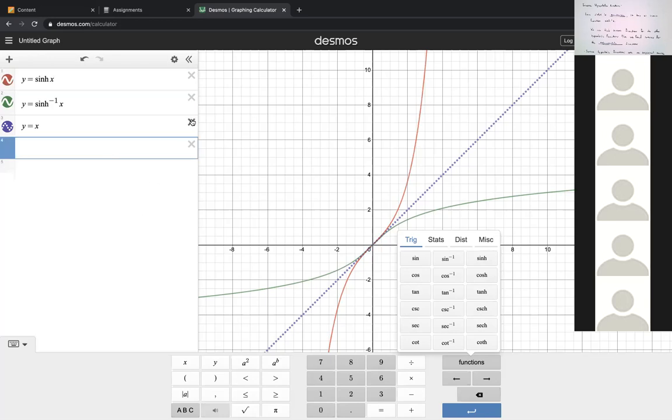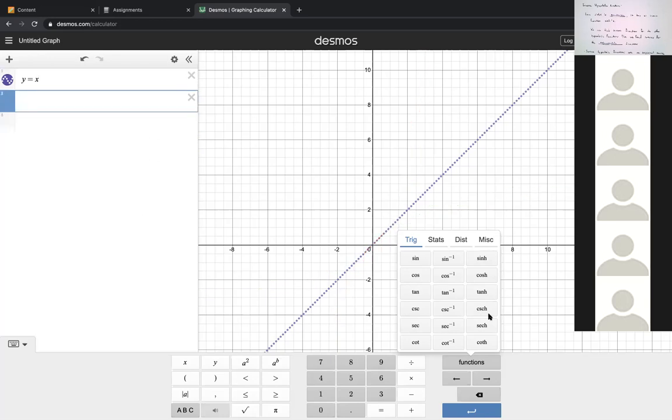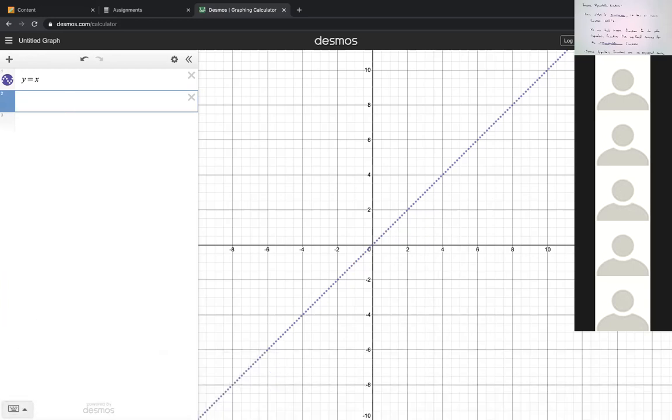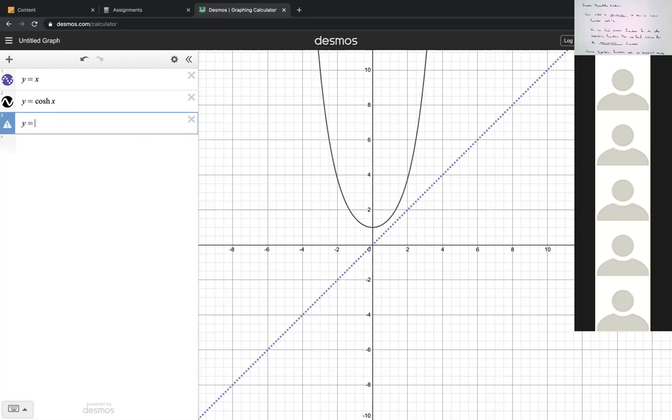So maybe we can clear those two out of the way, get rid of the keyboard, and maybe look at cosh. So cosh, hyperbolic cosine, is not one-to-one. That means that we would have to do a little bit of work finding the domain of cosh inverse. So let's take a look at what Desmos gives us.